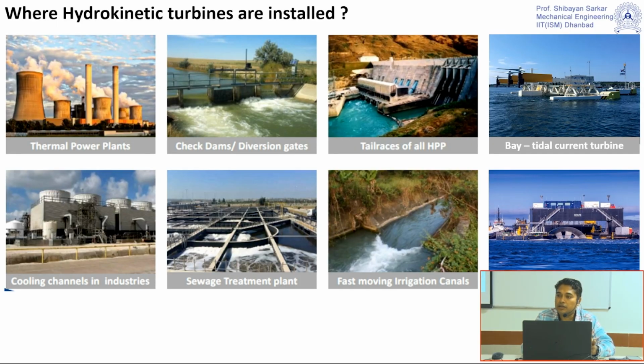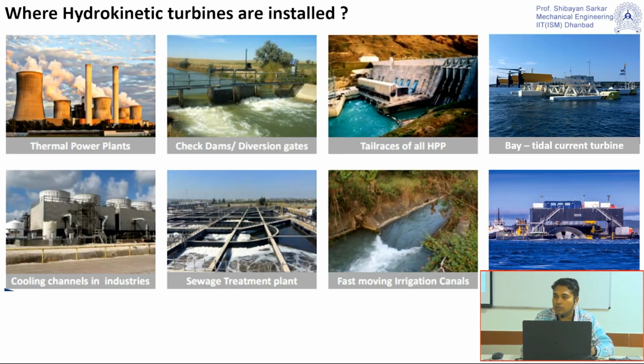Sewage treatment plant, you can put the turbine inside the pipeline. Irrigation canal, there you can get clean water, because usually in an irrigation channel we never use water which will be corroding, which will have corrosive property. So in the irrigation channel you will get clean water, so those impurity or chemical property problems will not be there. So easily we can put the turbines in this particular channel.